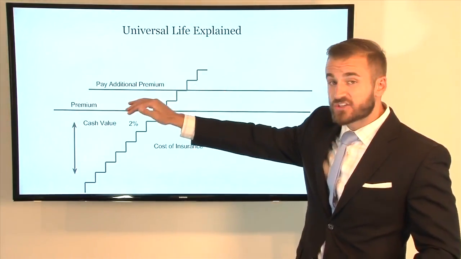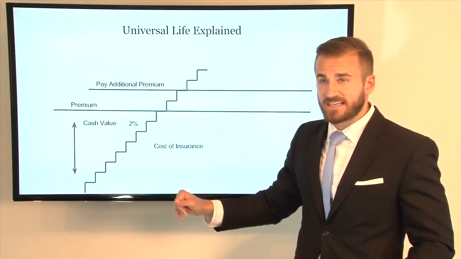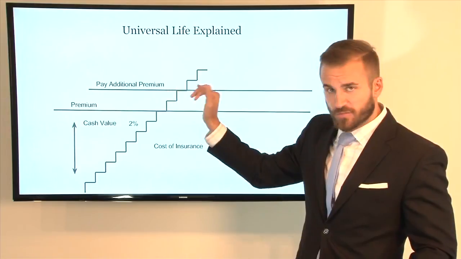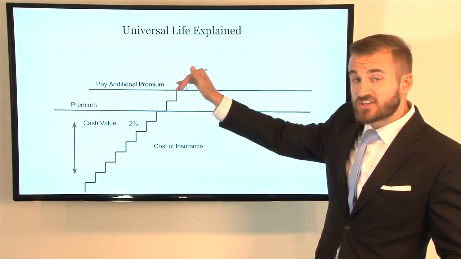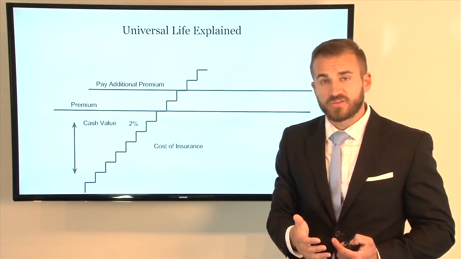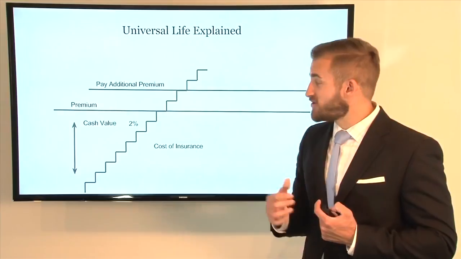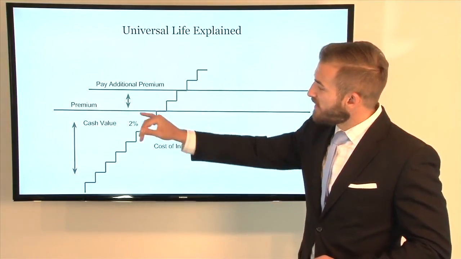So we can pay additional premium if we would like to do so. Cash value will keep building as is, but we're paying additional premium. The problem is, though, the additional premium will keep increasing each and every year. So you have those two options. Hopefully, what we want to do is use the former option, which is using the cash value to pay for the additional premium, as you can see right there.